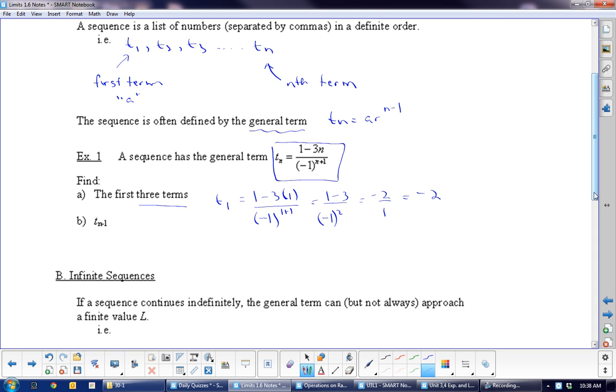Okay, T2: 1 minus 3 times 2 over negative 1 times 2 plus 1. So that equals 1 minus 6 over negative 1 cubed. Well, that's positive 1 minus 6, and that's negative 5 over negative 1, which equals 5.